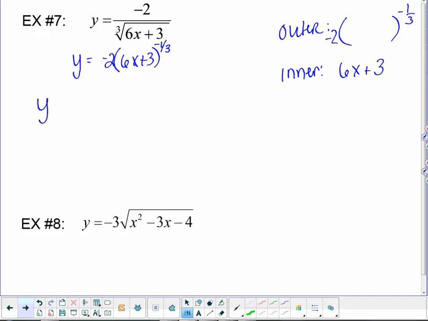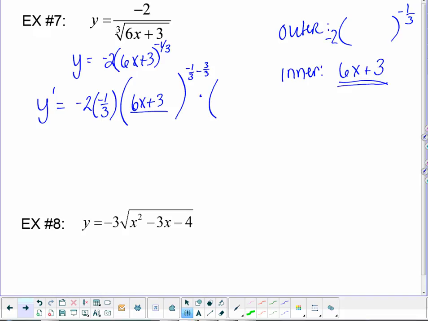So here we go with the chain rule. Derivative of the outer function. The negative 2 gets multiplied by the negative 1/3, which will give us something raised to the negative 1/3 minus 3/3. That inner function was 6x plus 3, so we leave the inside alone. Now, chain, and I'll multiply by the derivative of the inner function. Our inner function, the derivative of it is 6.